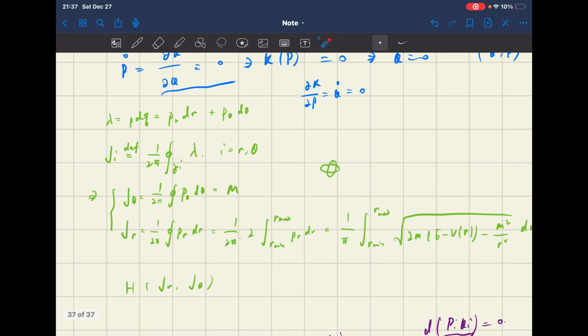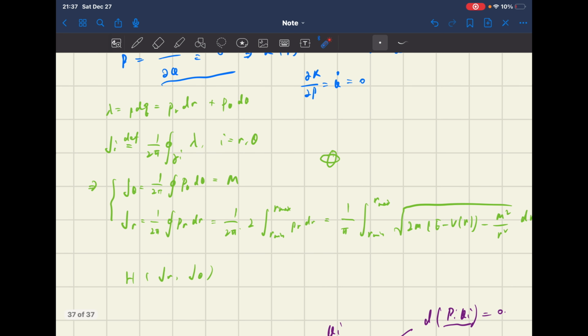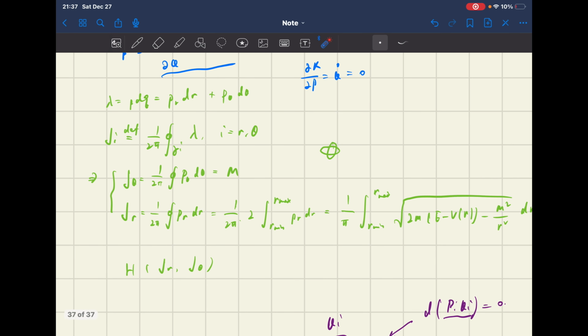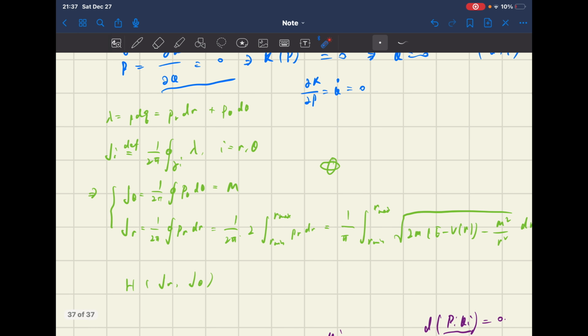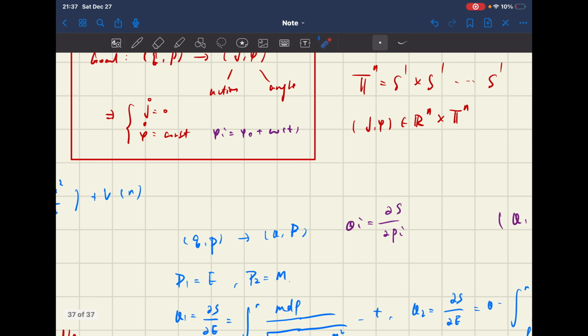So first, you take a look at the tautological one-form, lambda, which I write as lambda to distinguish it from the theta direction. So lambda is equal to p dq, and you write it into the separate directions, and you define the action variable J_i as this. The reason it's defined that way is, first of all, it accounts for the periodic motion that we hope to get, since the derivative of phi is a constant.